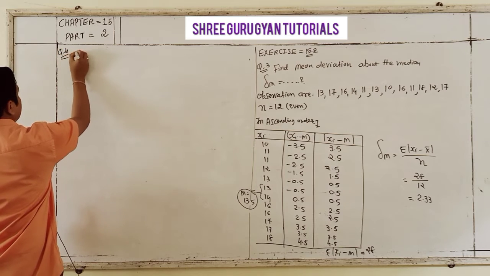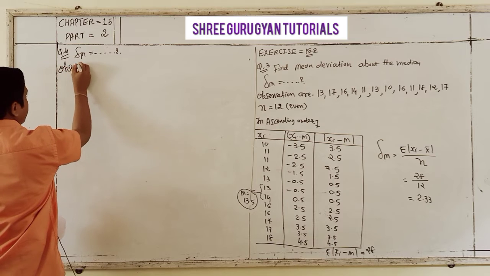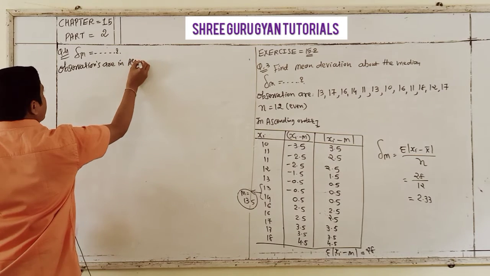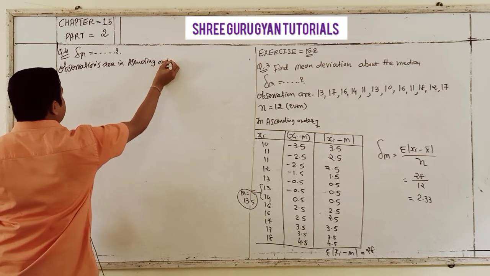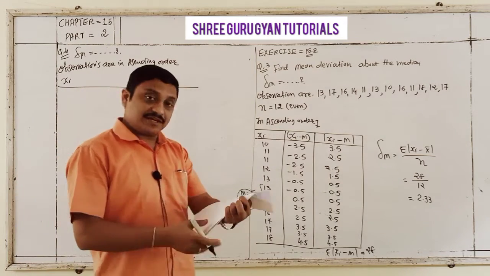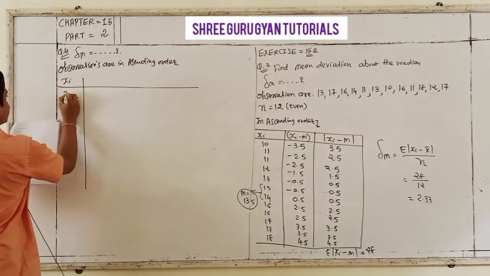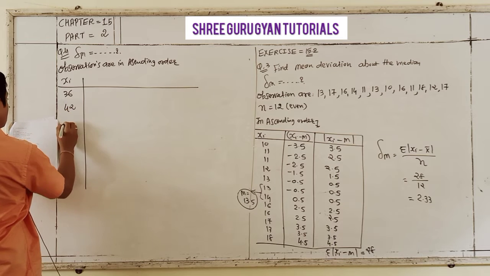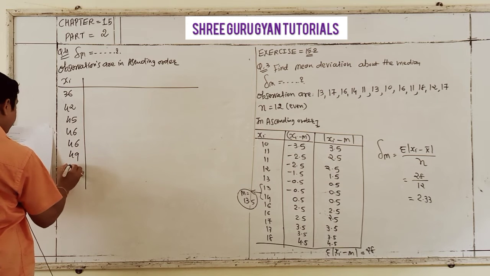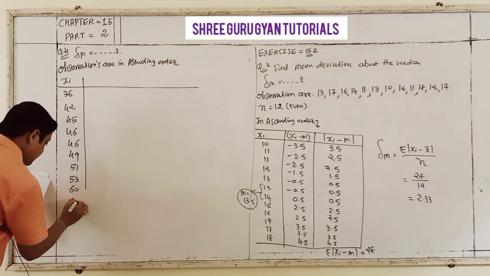Question 4: delta M is the target, and the observations, I directly write down in ascending order: 36, 42, 45, 46, 46, 49, 51, 53, 60 and 72.